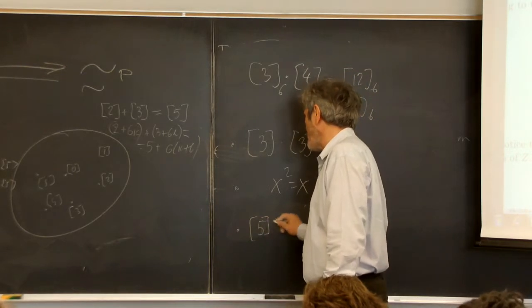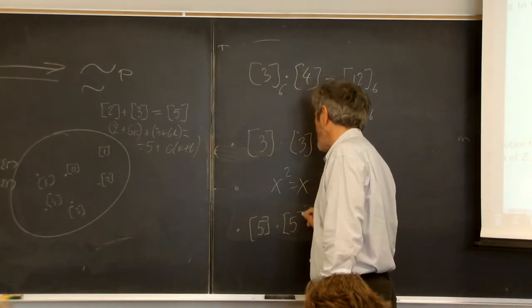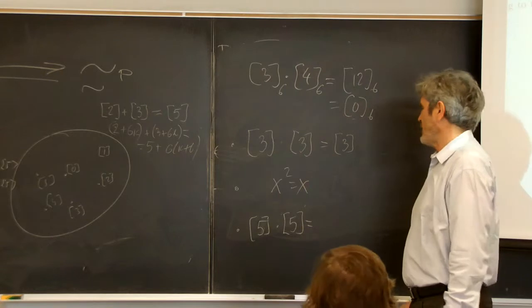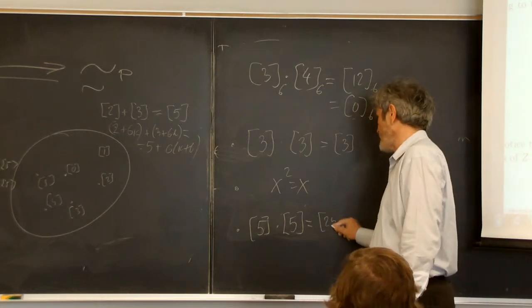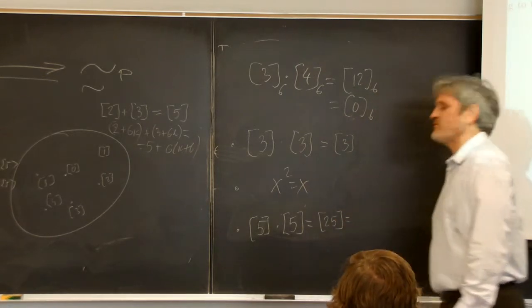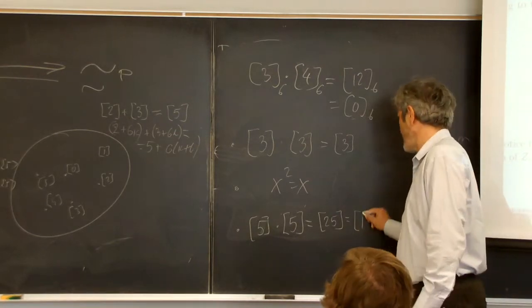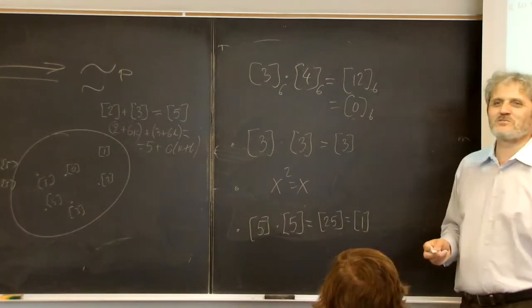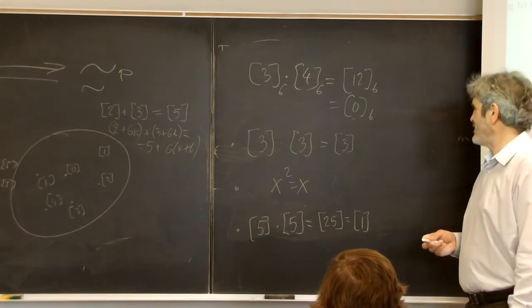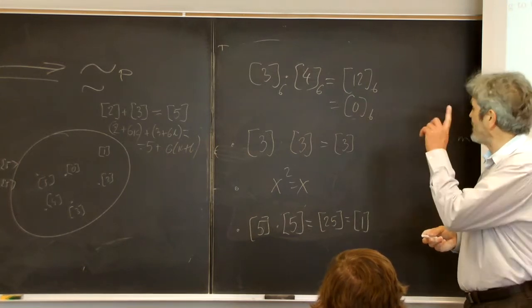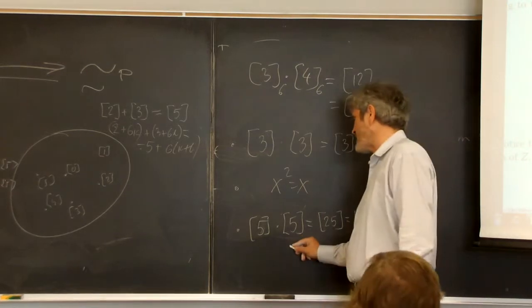Or also, what happens with how much is 5 times 5? 5 times 5 is what? 25. And 25 modulo 6 is what? 1. Everybody, when you square it, you get 1. So what can we say here?